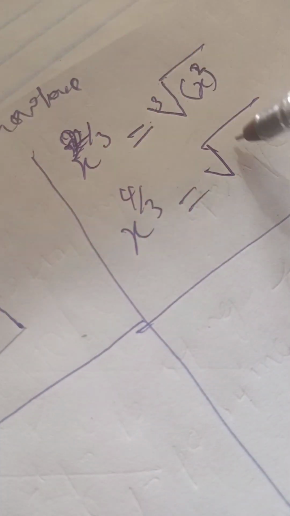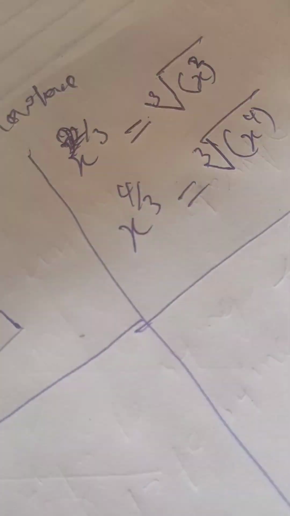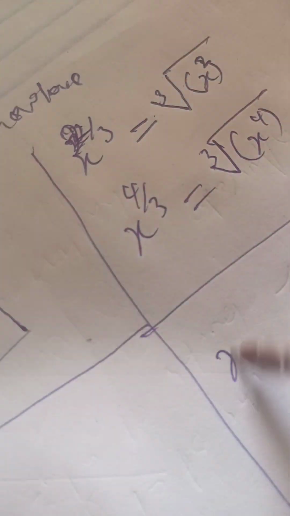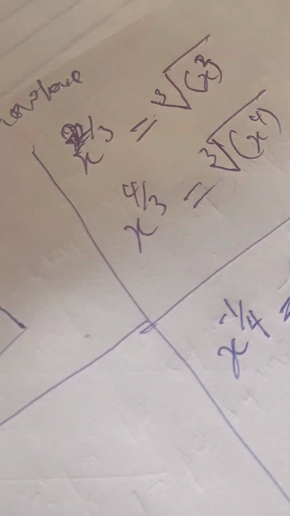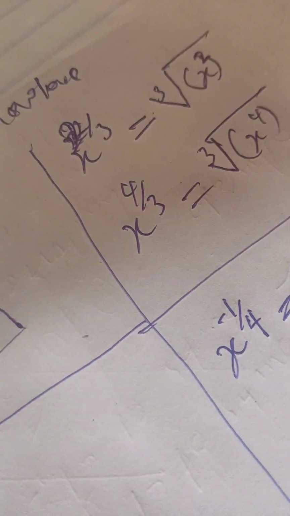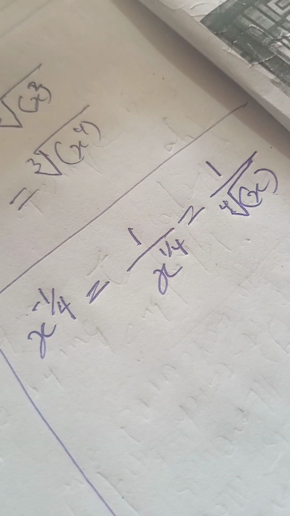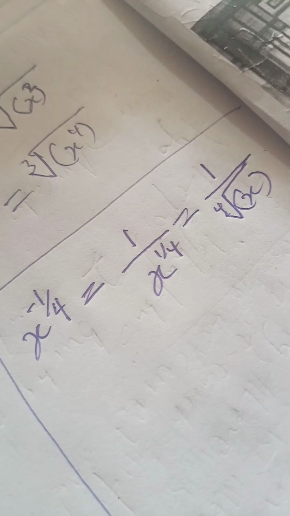You just put x raised to power 4, then the cube root. So x raised to power minus 1 over 4 is going to give you what now? 1 over x raised to power 1 over 4, which is 1 over the fourth root of x. So these are some simple things to know. Just try to know this while we go deeply into differentiation.